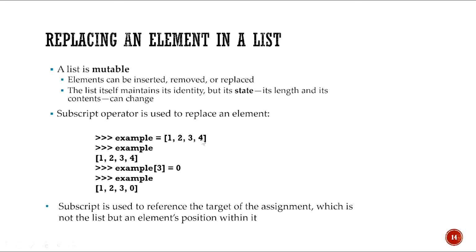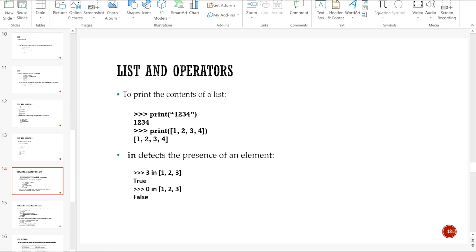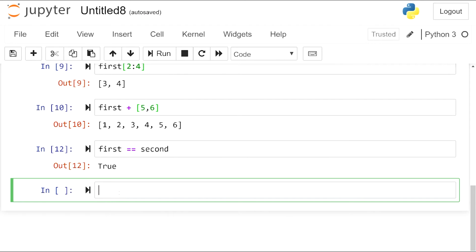So if we update its value and it's equal to 0, we expect to see 1, 2, 3, 0. And that's how we access items inside the list, and we can update them. So let's quickly run this. So example equal to list 1, 2, 3, 4.